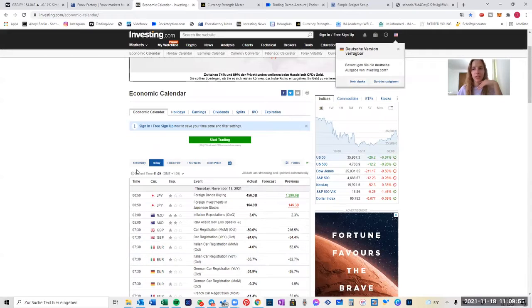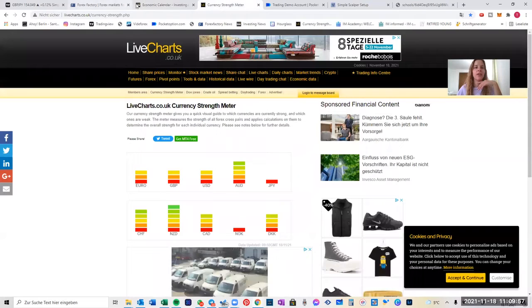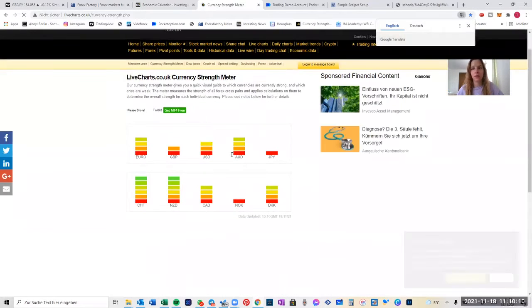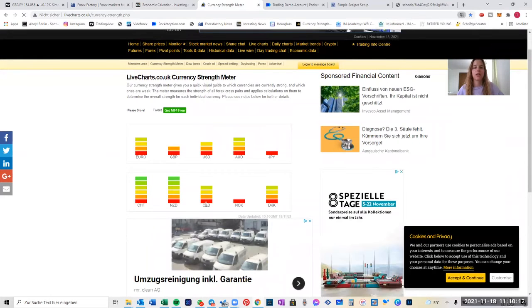So this we have checked, and then you have the currency strength meter, where you can also check. We have another lesson where I explained it. We take GBP, JPY. GBP has more bars.